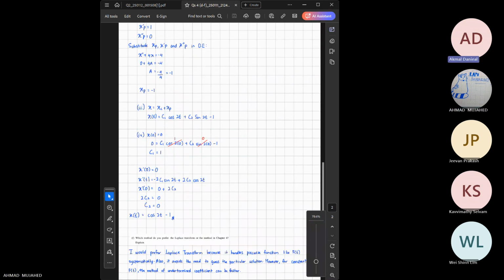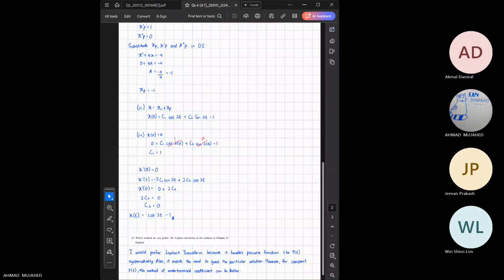Okay, question F: which method do you prefer, the Laplace transform or the other method? To me, I would prefer the Laplace transform because it handles a piecewise function like f(t) systematically.